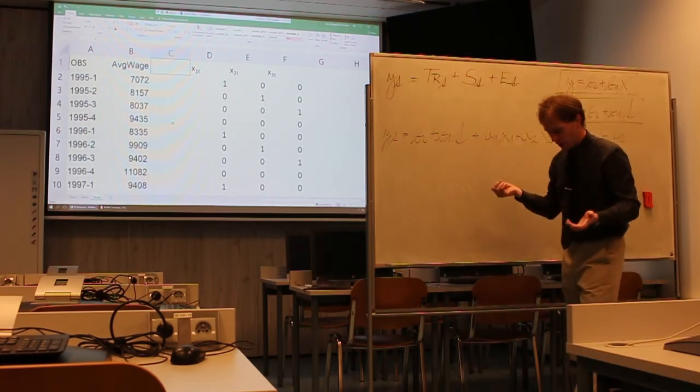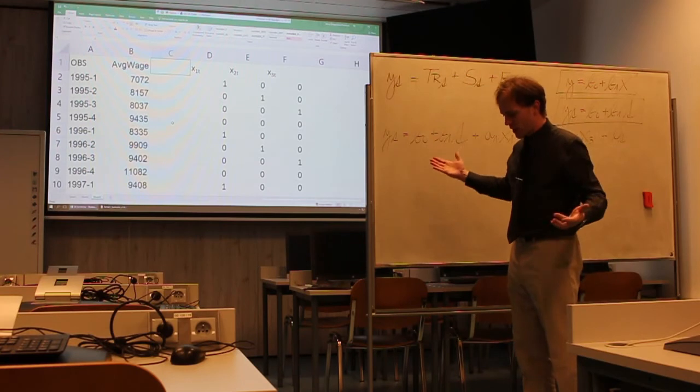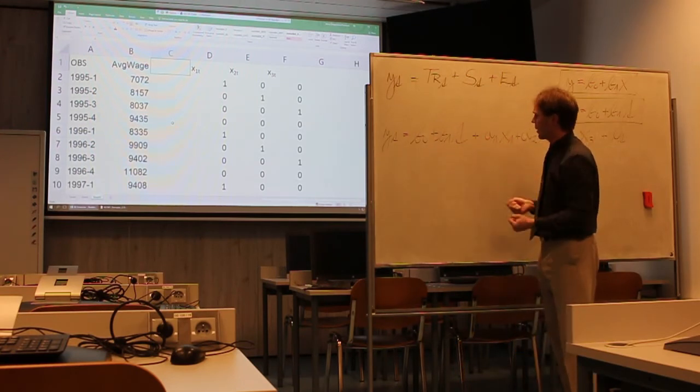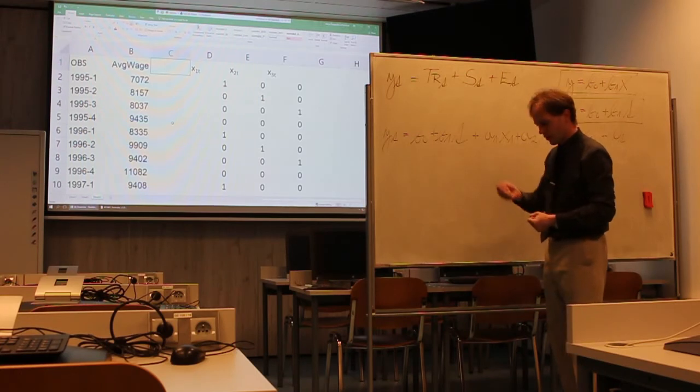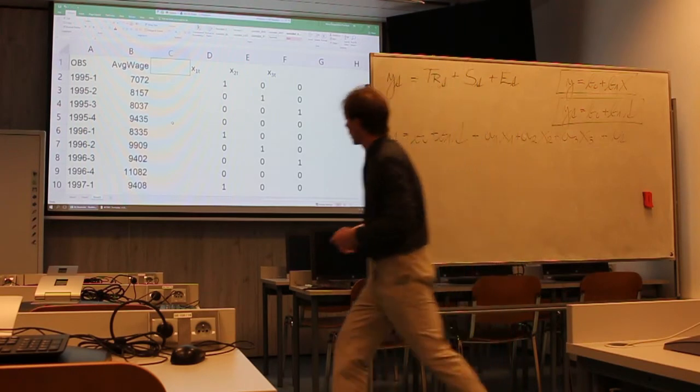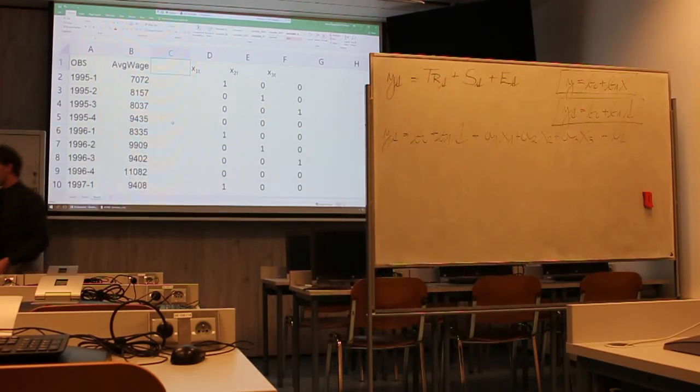What is it? Linear increasing of observations. How can we imagine the linear increasing of observations? Observation 1, 2, 3, 4. It's linear increasing. So we can set here time t.